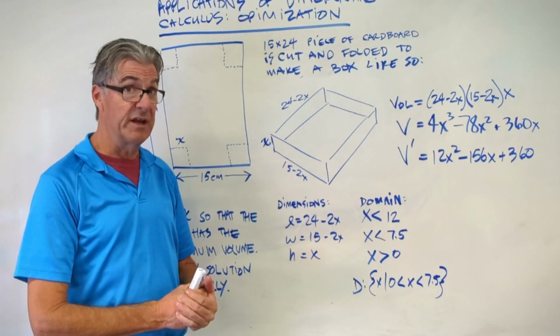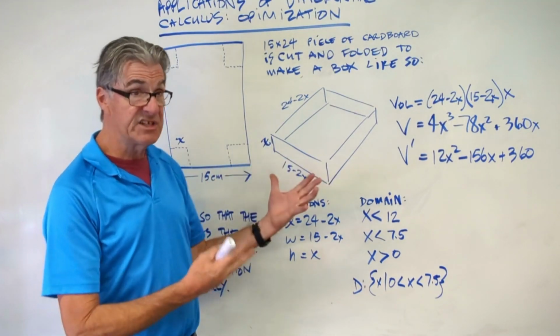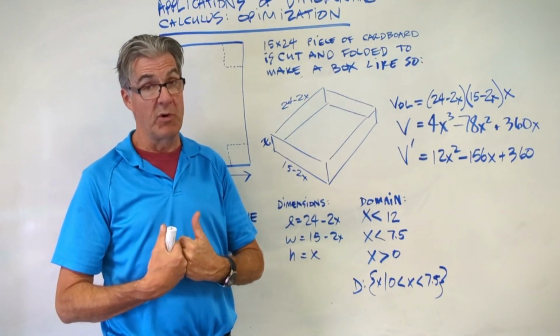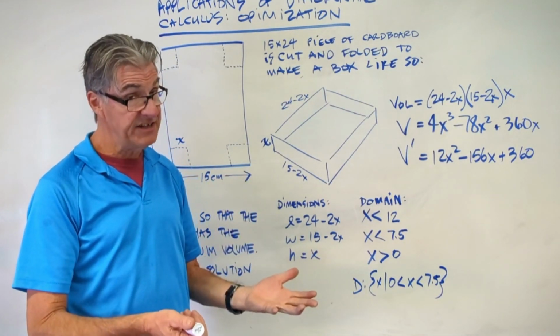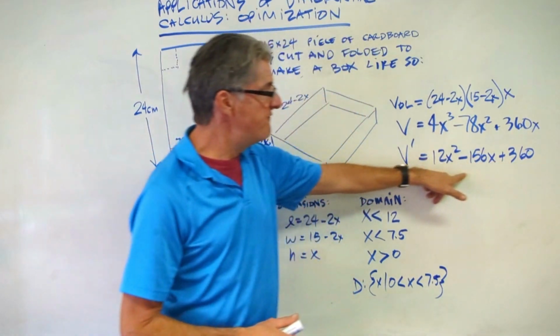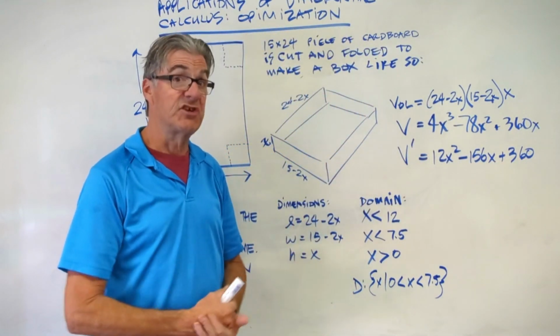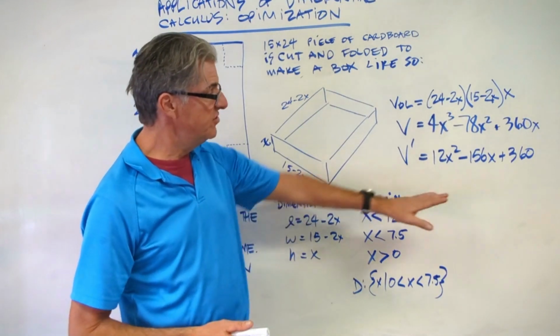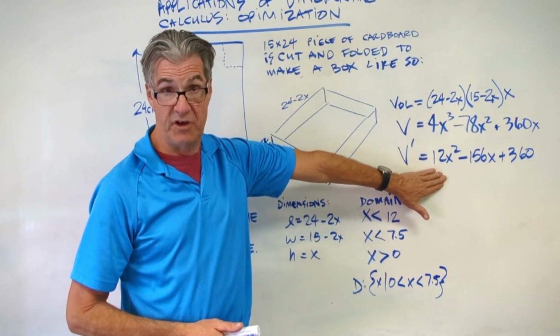It's a turning point. Now, we want to maximize our volume, so that's going to happen at a turning point, at a local max. So what we need to do is set this equal to 0 and find the solutions where we have a turning point, a minima or a maxima. So go ahead and do that. Set that equal to 0 and solve for x.